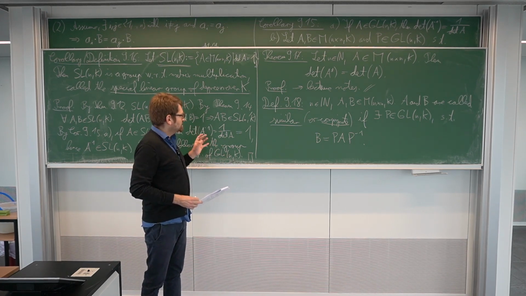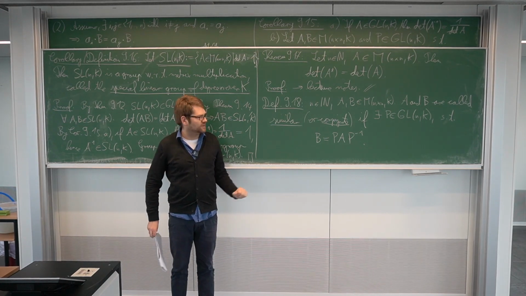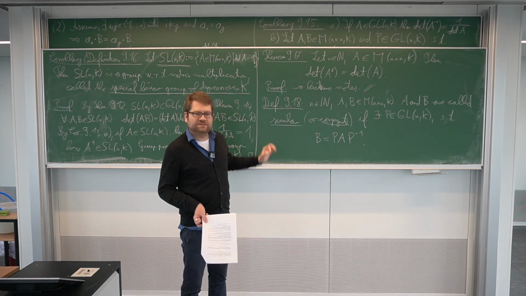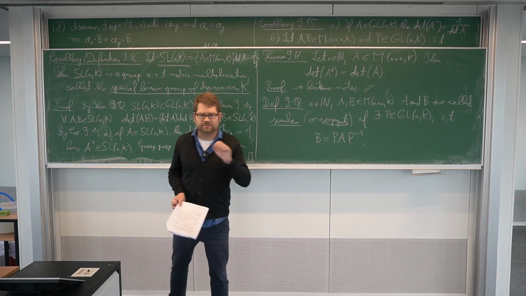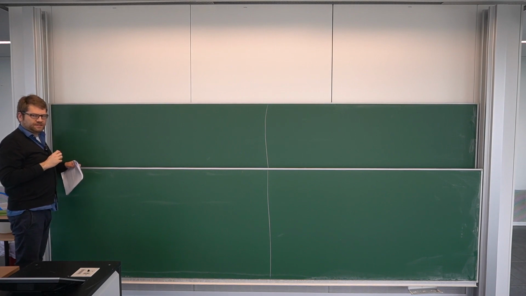Okay, I will now erase the board and then tell you what similar matrices have to do with matrix representations of endomorphisms, and so getting back to matrix representations, and then see how we can use this to define the determinant in a bit. Now we're studying endomorphisms.